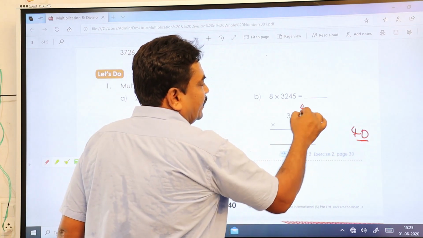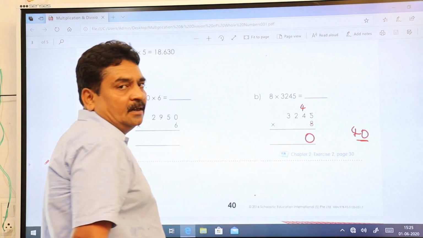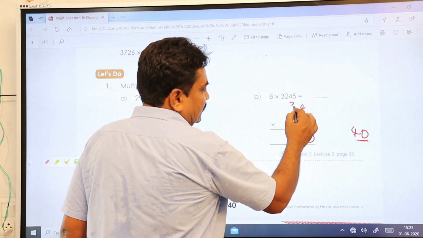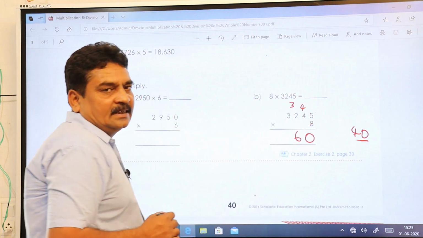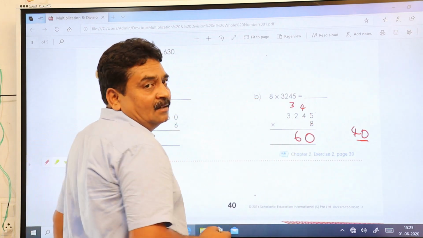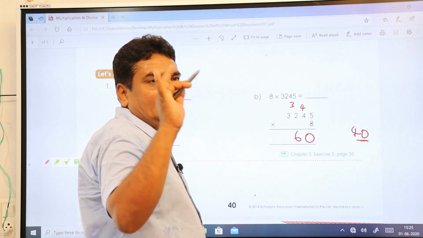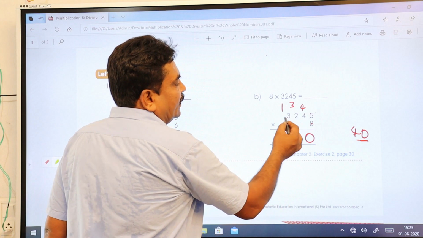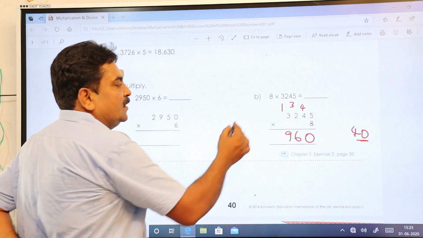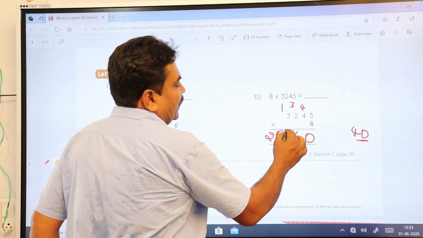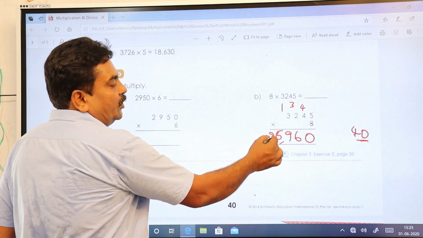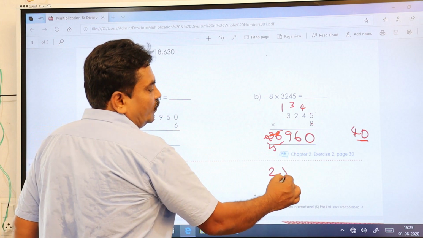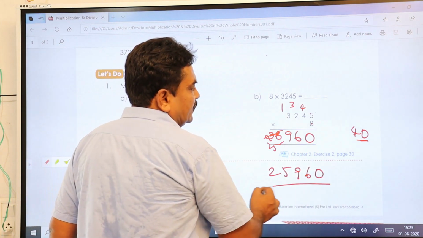And tens place you carry above. 8 4s are 32. 32 plus 4, 36. 3. 8 2s are 16. 16 plus 3, 16, 17, 18, 19. 1. 8 3s are 24 plus 1, 25. This is 25. So the answer is 25960.